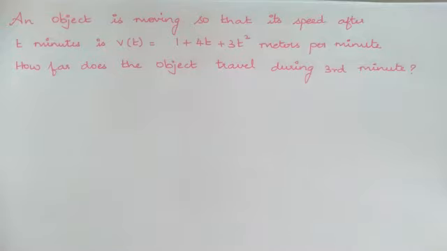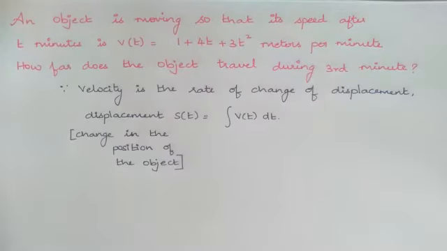That distance we will be able to identify by using displacement. Using that displacement, we will identify how far the object has traveled during the third minute. Let's get started. Since the velocity is the rate of change of displacement, we are denoting the displacement as s of t. So we can identify the displacement by integrating the given velocity.